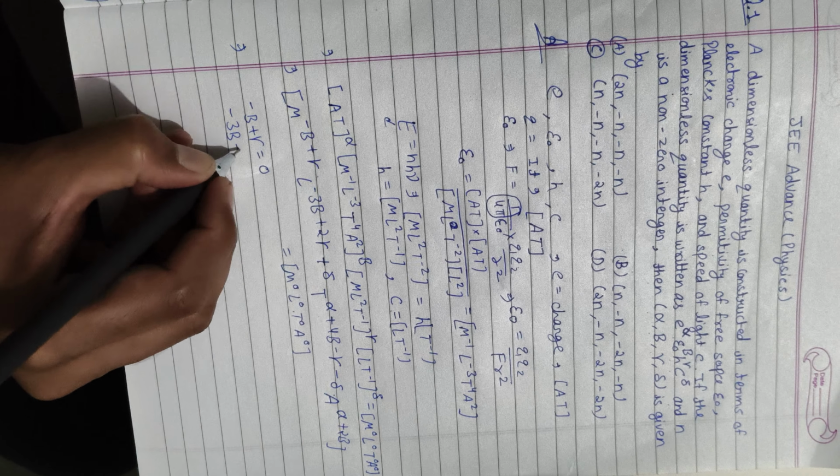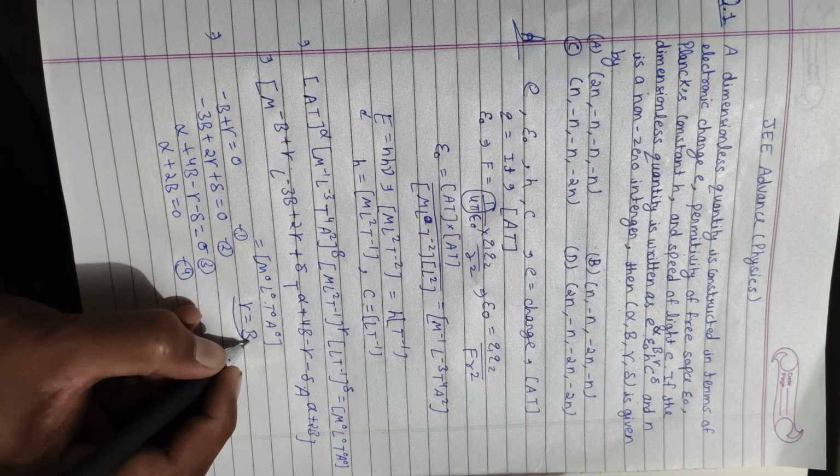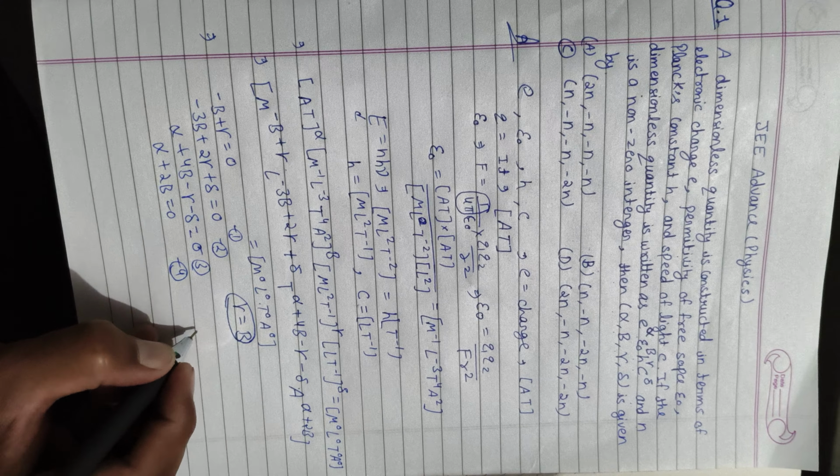So from equation 1, gamma is equal to beta, and from the last equation, alpha is equal to minus 2 beta.